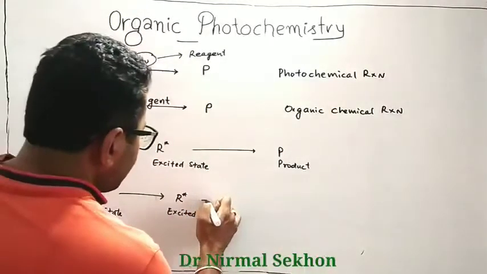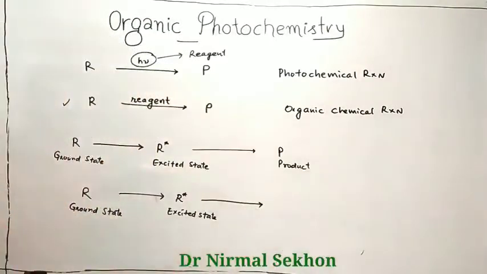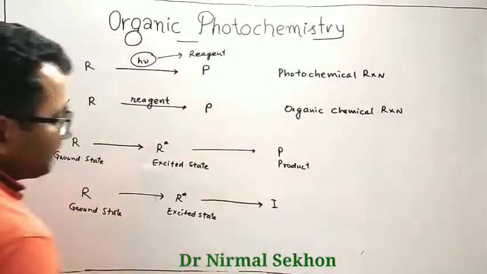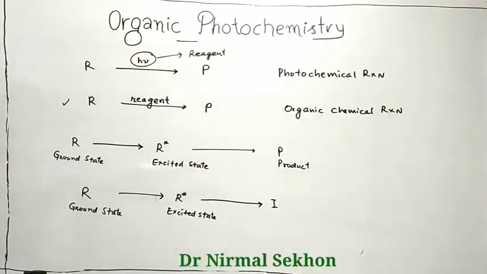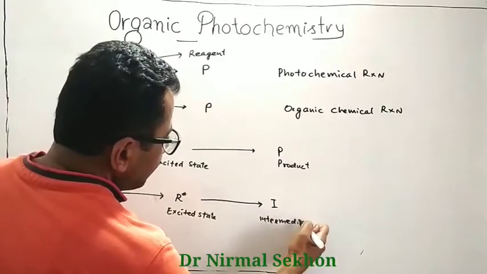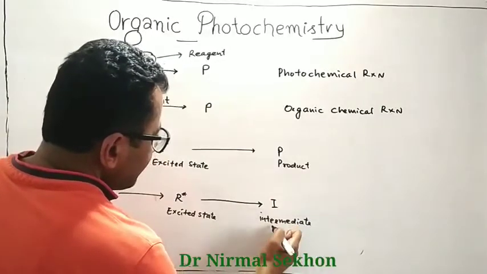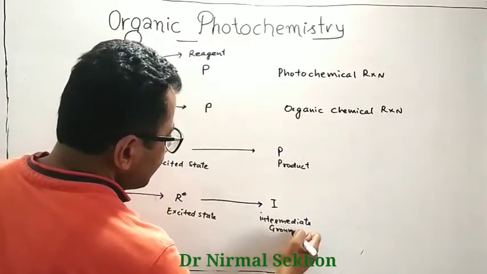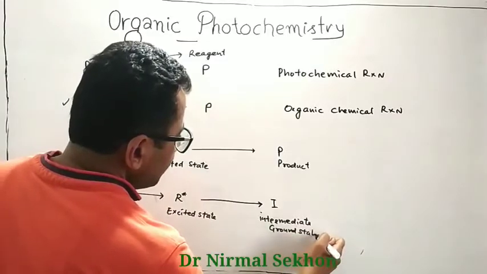This R star does not directly change to P. It is first converted into some intermediate, which I will write as I. I is your intermediate, and this intermediate is in the ground state.